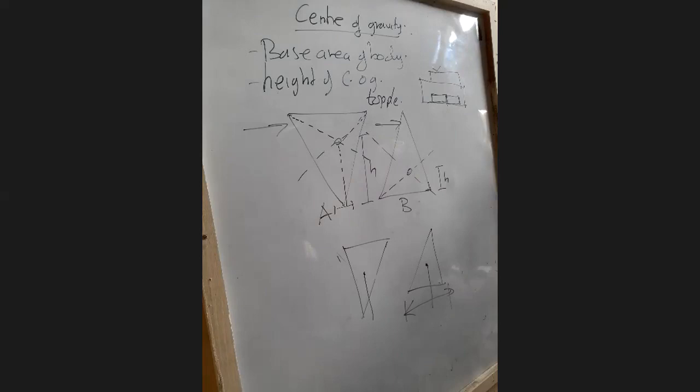But if you put it on a carrier, the COG will remain low, and you are likely to be more stable. So the reason is that if you put the sack on the carrier, the COG remains low, but putting it on your back raises the COG and makes the body less stable.